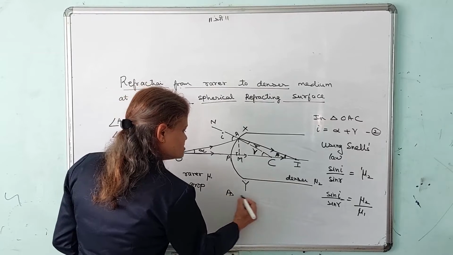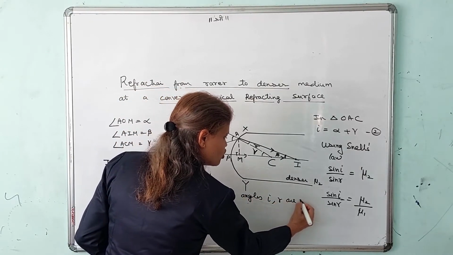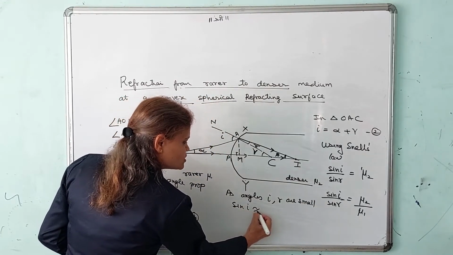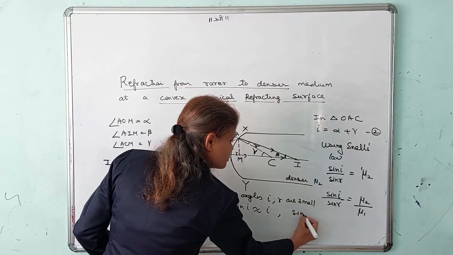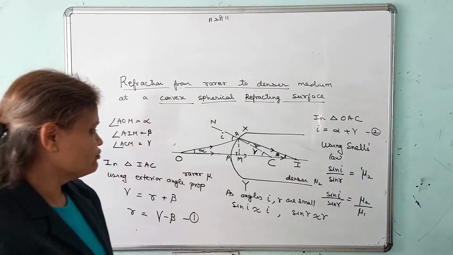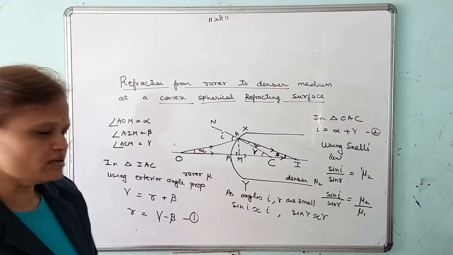So now, as angles I and R are small, sin I will be approximately equal to I and sin R will be approximately equal to R. When the angles are very small, the sin values and tan values are approximately equal to that angle.